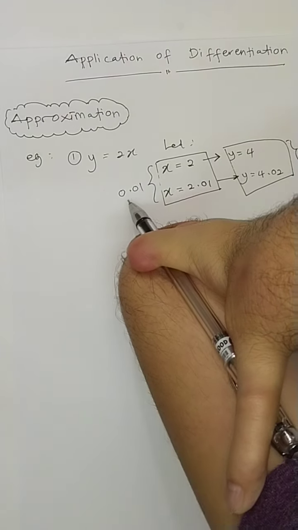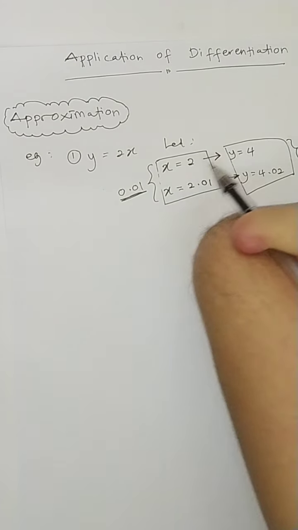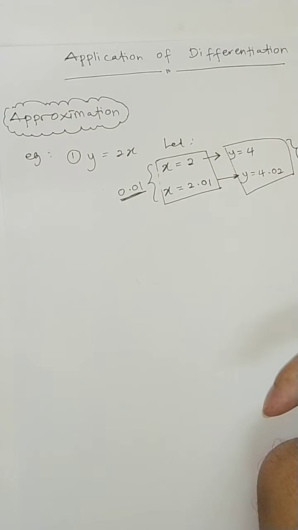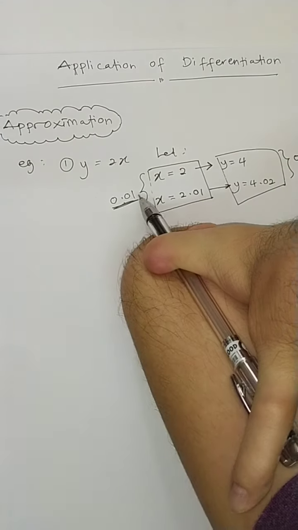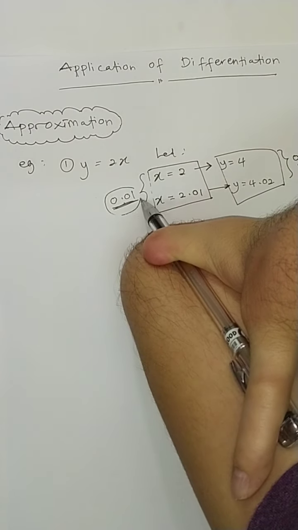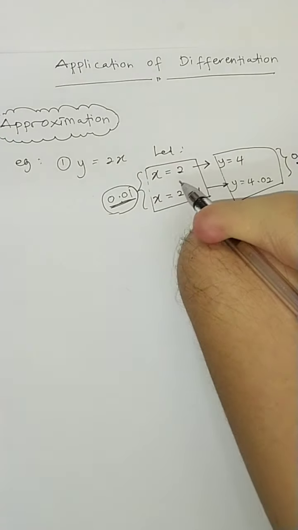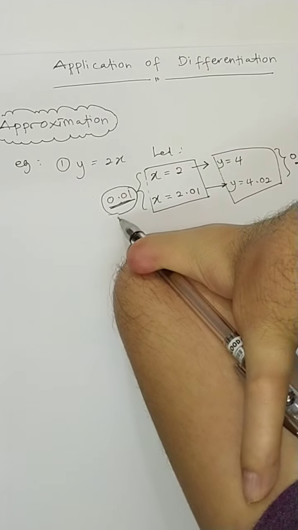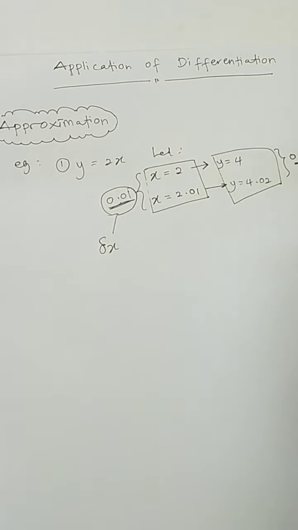This 0.01 and this 0.02, both of them we call the increment or the approximation increment. Specifically, this 0.01 is the increment for the x value, which we call delta x.